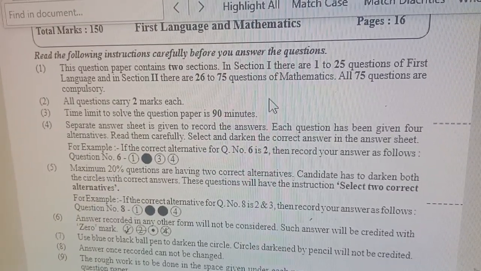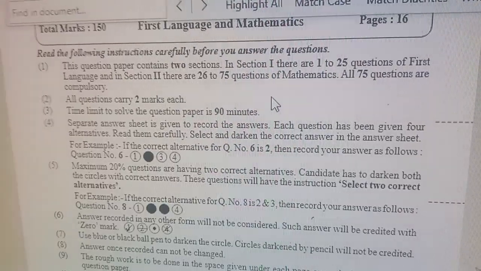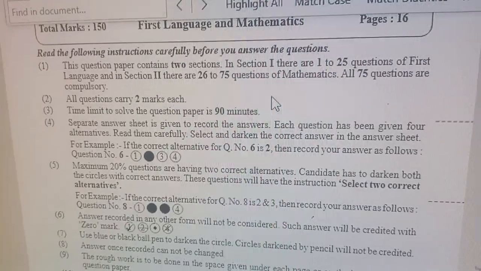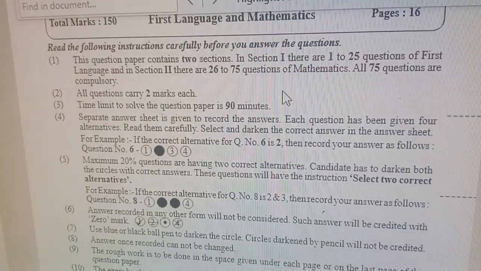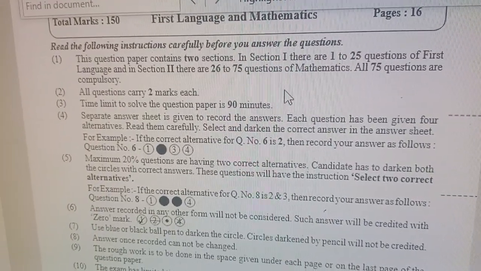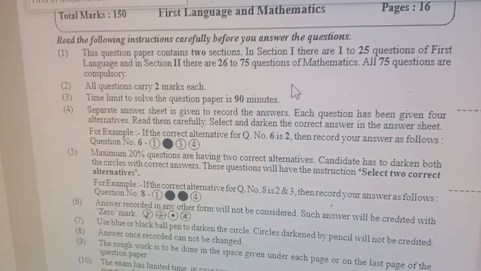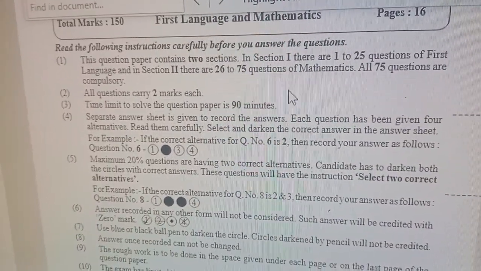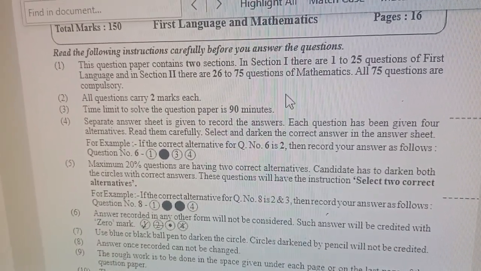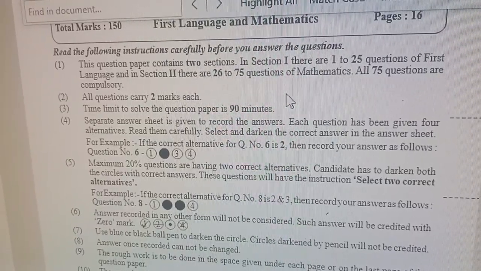All 75 questions are compulsory. There is no excuse in any of these questions. All questions carry 2 marks, meaning 75 into 2 is equal to 150. So this paper has 150 marks. The time limit to solve this paper is 90 minutes.